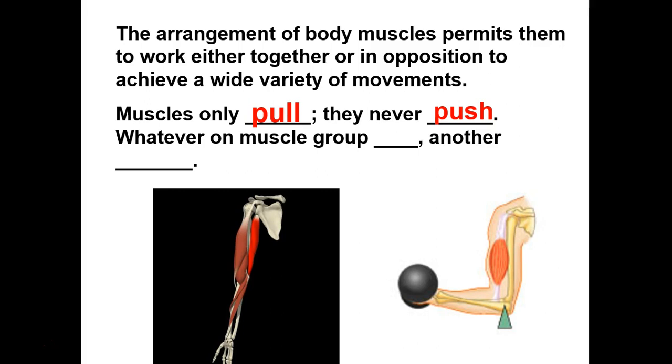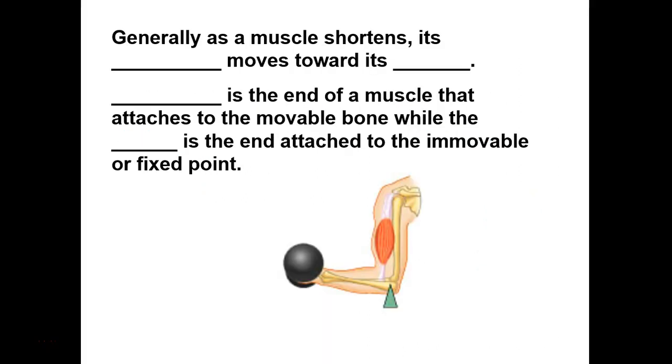And usually what one muscle group does, another muscle group undoes. Like the anterior muscles would flex your arm, the posterior muscles would extend your arm. Generally, as a muscle shortens, its insertion moves towards its origin. Again, looking at this biceps brachii, it originates up at the scapula and it inserts down there on the radius.